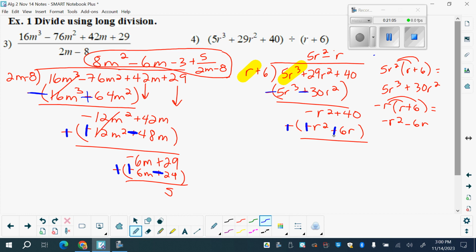So are the 40 and the 6r like terms? No. So these are canceling, and then I'm going to bring down my 6r and then plus 40. So I just put it in standard form. I put the 6r first and then the 40 second. Does that make sense?